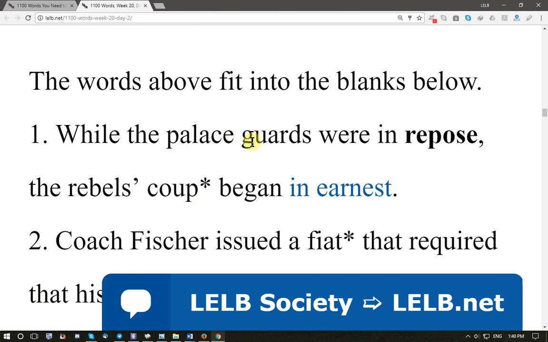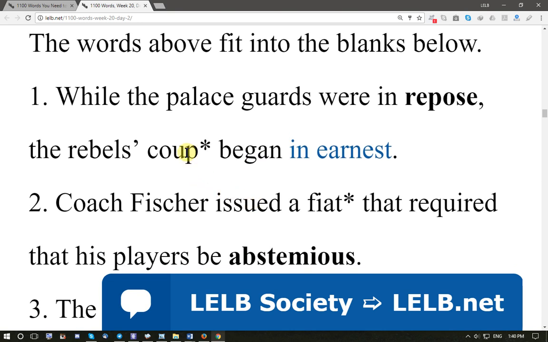So the guards were in repose, they were taking rest, and the rebels, or rioters, began a revolution in earnest, meaning very seriously. They were serious, not in jest. Pay attention, the P here is not pronounced, it's coup. That's why we have coup d'etat, it's French.